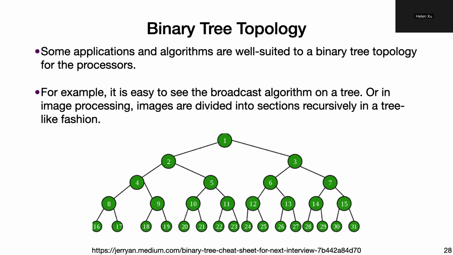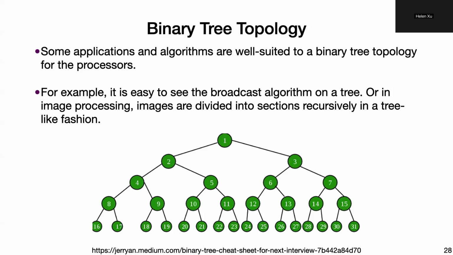So the last part of embeddings is about binary tree topologies. We just did arrays, rings and meshes, which are very fundamental topologies that are useful in a lot of cases. And binary trees are also useful in many cases. We have algorithms that are logically well suited to trees, like broadcast, and many of the primitives have a tree-like fashion when you do them across the processors.